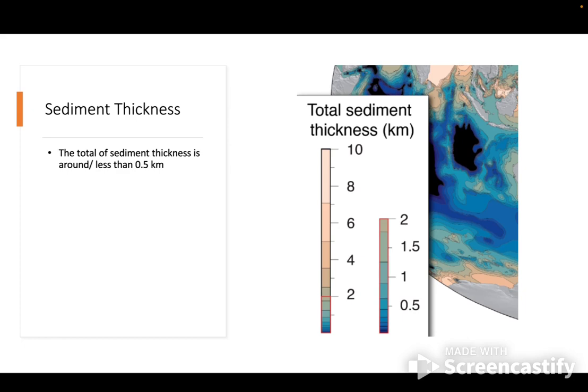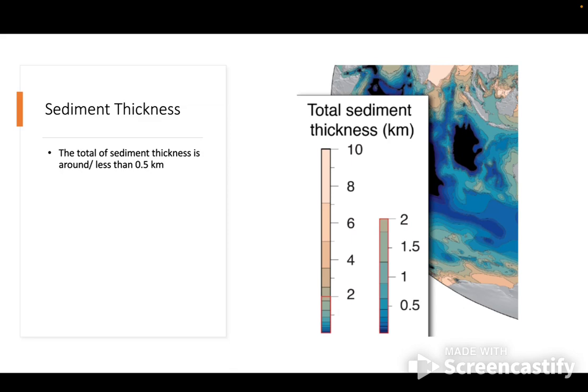All right, so for the sediment thickness, this is a hard image to look at, but that's Malaysia right there, and that's the country of India there. We're looking in the same area again. The sediment thickness is not very thick at all, because of the divergent boundaries creating new floor.